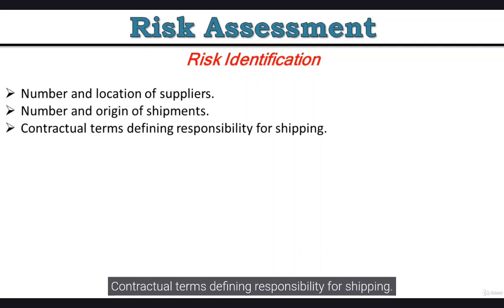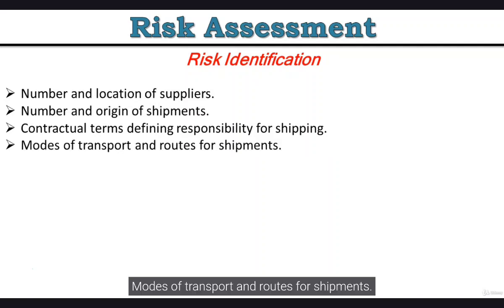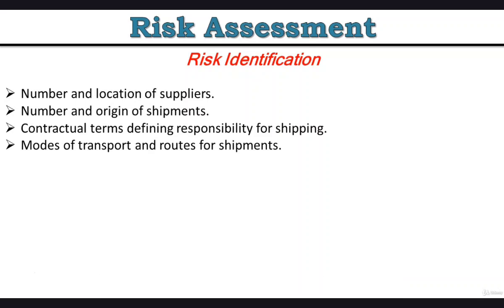Contractual terms defining responsibility for shipping. For example, firms may specify security controls and procedures for their suppliers. Modes of transport and routes for shipments. For example, firms may ask their suppliers to follow certified security procedures for ocean container or truck trailer shipments.